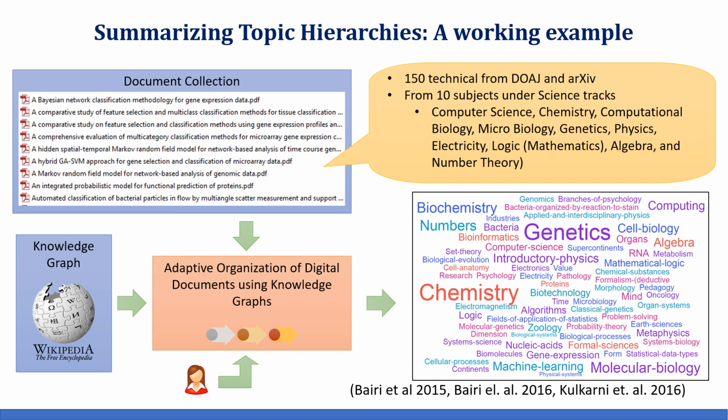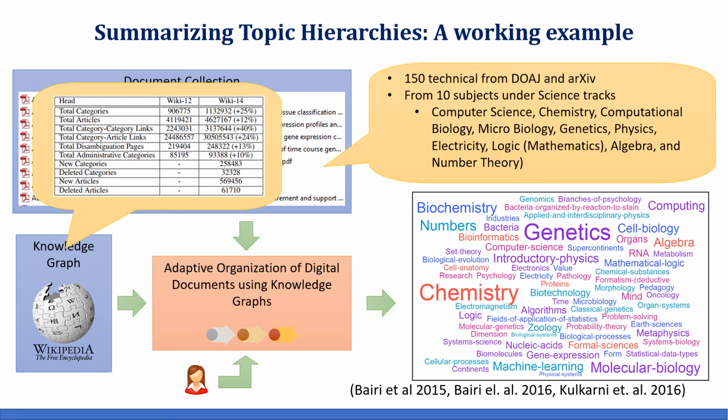and how do you extract the subset of concepts? So here are statistics. Now with a knowledge graph like Wikipedia, this is Wiki 14, things have grown further, and as you can see, the number of categories are in the tens of millions.